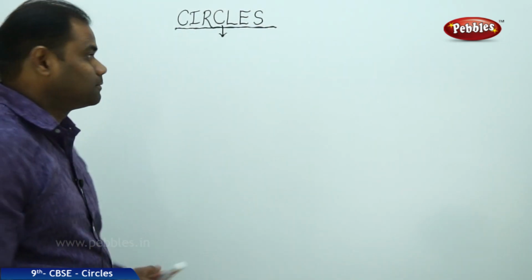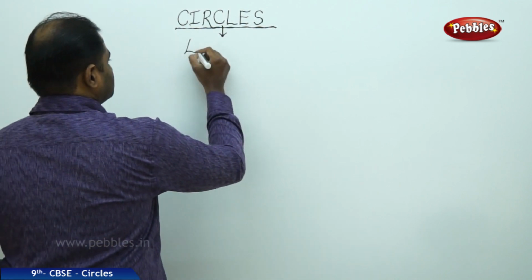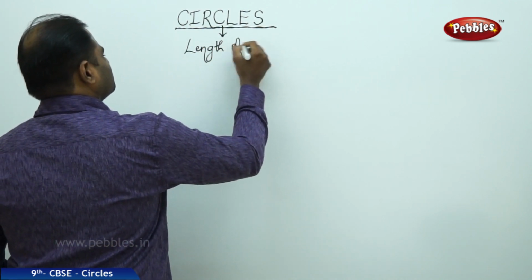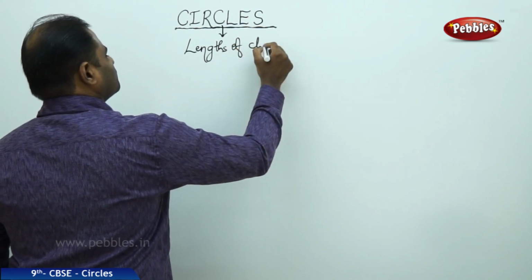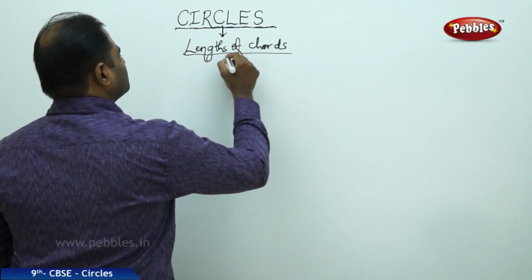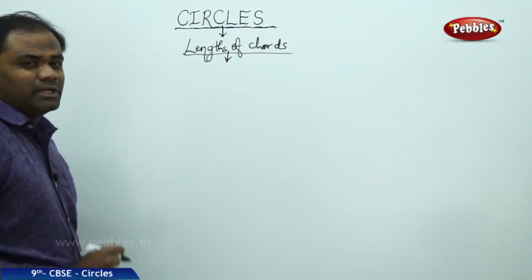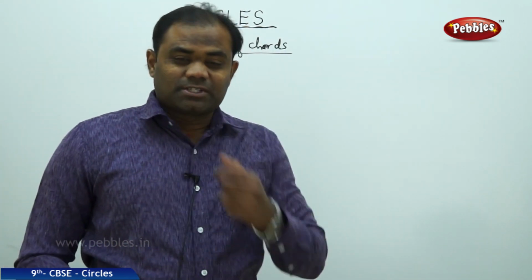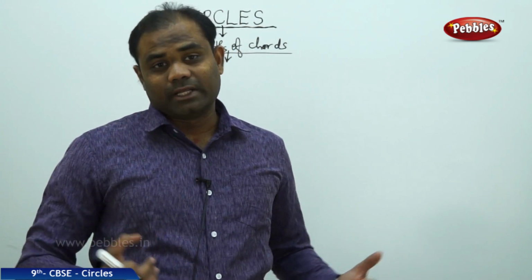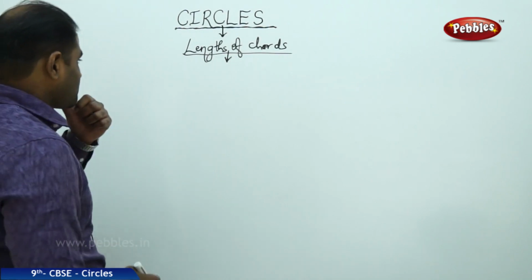So, length of chord. Let's take a circle and investigate different sets of chords to see if all the lengths are equal.